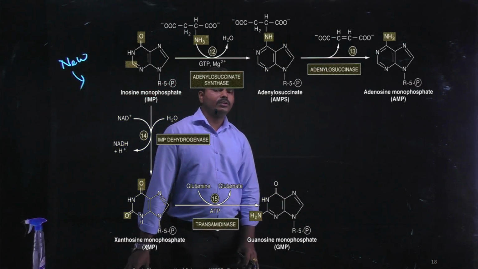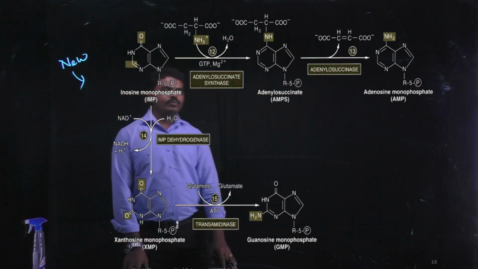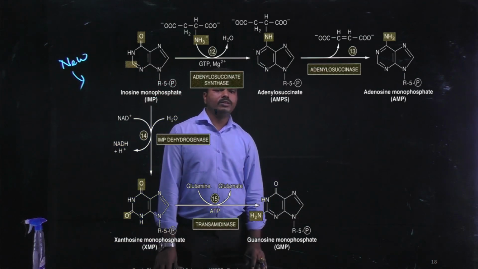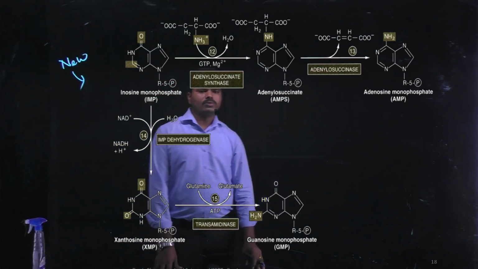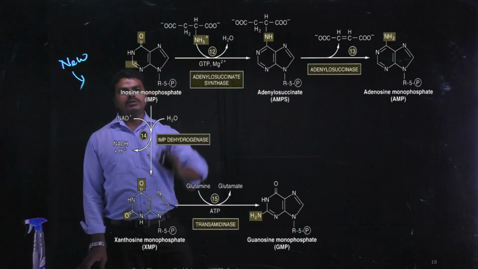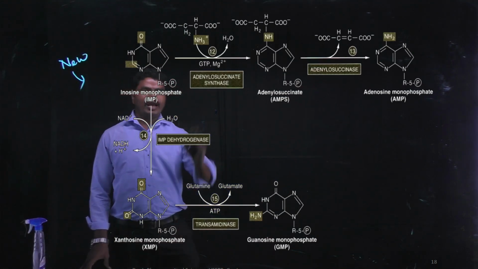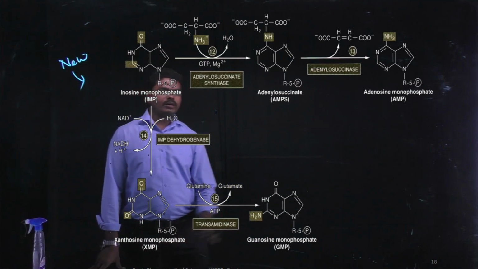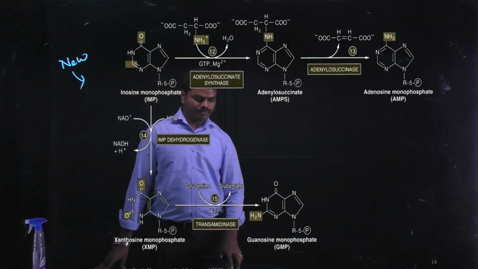So these are the steps involved in the biosynthesis of AMP and GMP from the inosine monophosphate. The inosine monophosphate is a parent nucleotide and acts as the precursor for the synthesis of adenosine monophosphate and guanosine monophosphate.